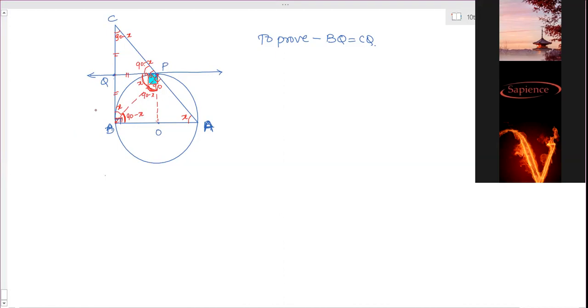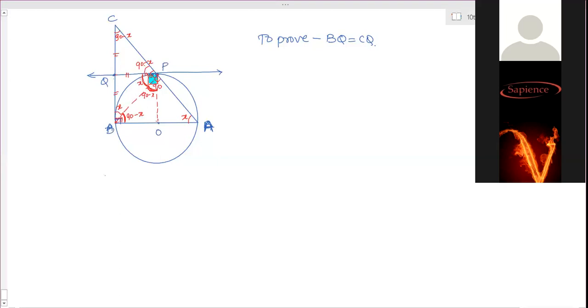Clear? Yes, ma'am. Ma'am, can you repeat how CPQ is 90 minus x? BPC is 90 because BPA is 90. So BPC is 90, linear pair. Out of that, this angle BPQ is x.